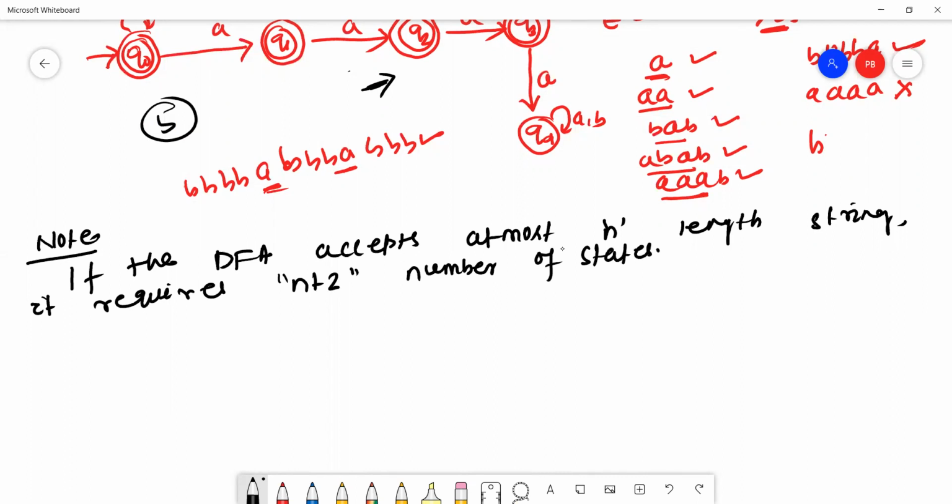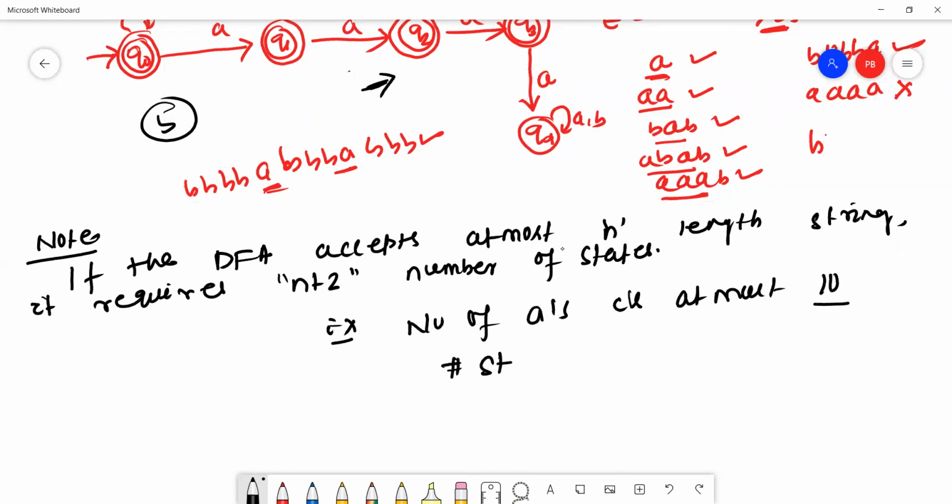That means, for example, if the number of edges is at most 10, then the total number of states equal to 10 plus 2 equal to 12.